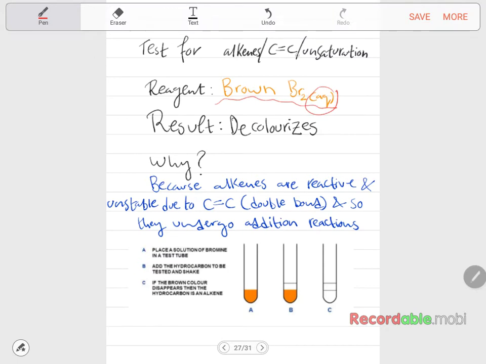If it is unsaturated, if there's a double bond, alkene, these are all synonyms, it decolorizes, just like the diagram here. So you place the solution of bromine in a test tube, add the hydrocarbon to be tested, and then shake it. If the brown color disappears, which means it decolorizes, then the hydrocarbon is an alkene. You can definitely say that this is an unsaturated hydrocarbon.